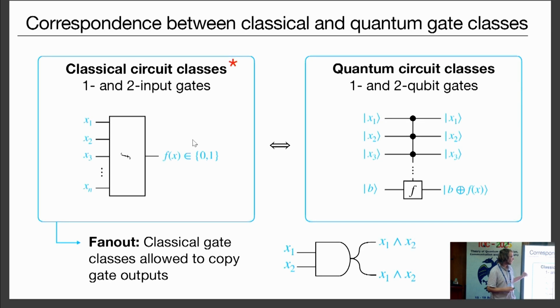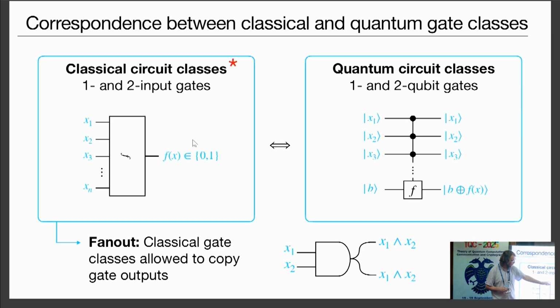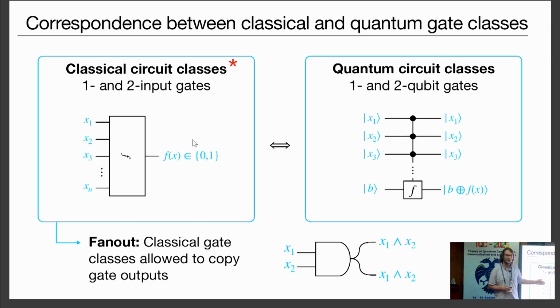What this looks like is a single gate evaluates some function on 2 bits and then fans the result out an unbounded number of times. This is assumed in the definitions of all these classical circuit classes, but you might notice that this isn't exactly a reversible operation. And so there isn't really a way for us to do this with 1 and 2 qubit gates, for instance.